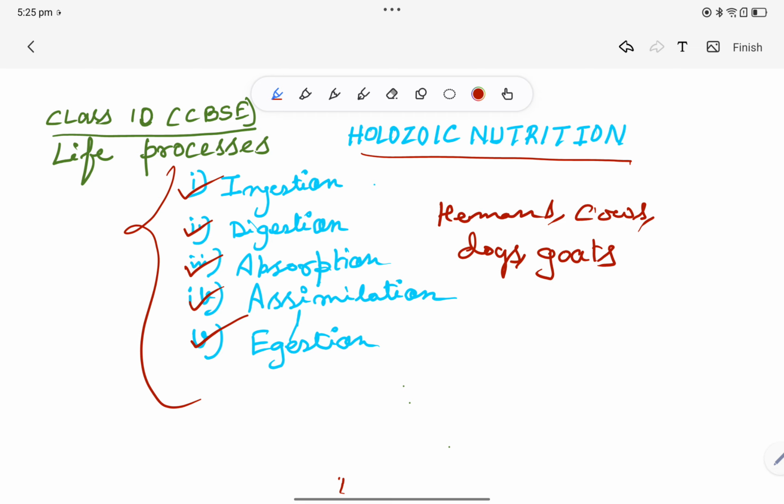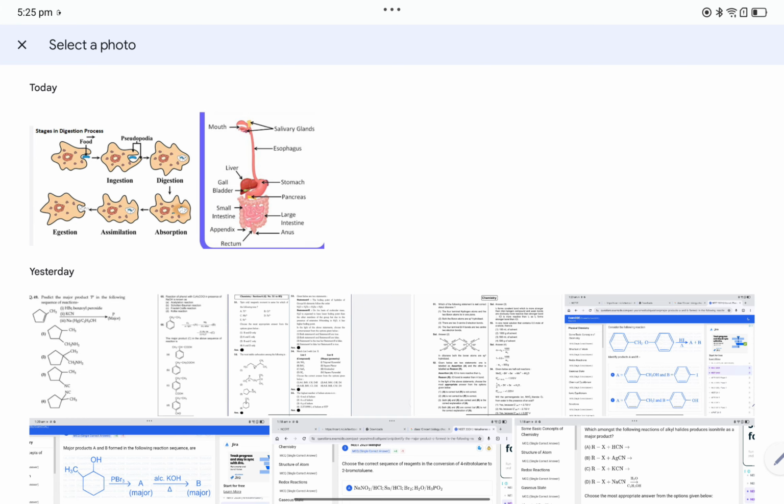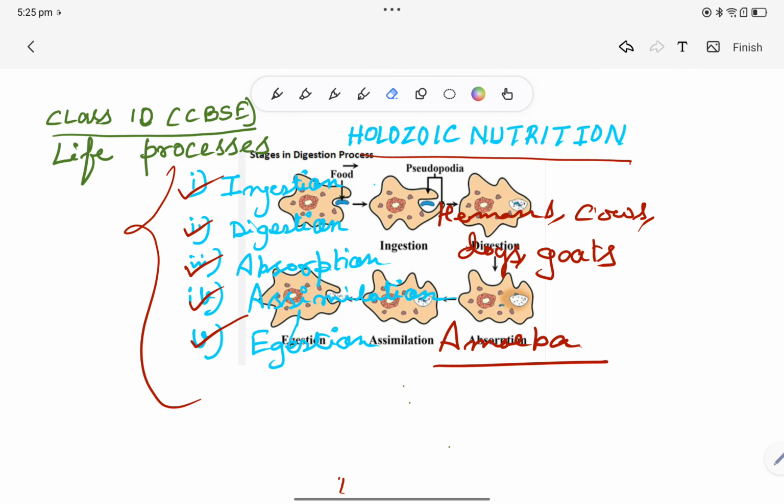But in simpler organisms like amoeba, the process is the same, holozoic nutrition, but it takes place a little differently. I will show you one diagram, via that we will study.